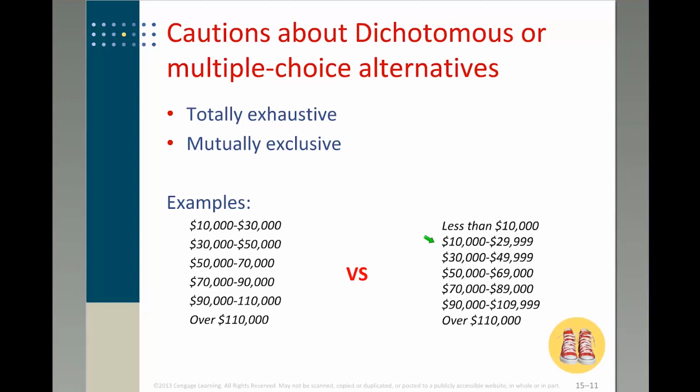Apparently we're ignoring the cents, like $29,999.99, but usually we can round it up. That's the basic idea. So the second example is mutually exclusive. People who are earning 30,000 can definitely pick that choice, and they don't have a dilemma as to which choice they should choose.